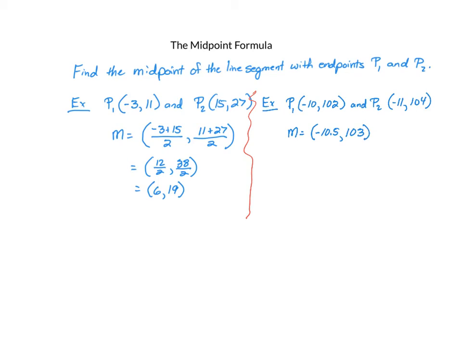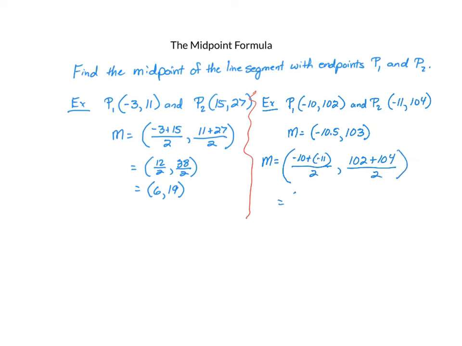I just wanted to remind you that on some simple problems, you might just be able to jot it down without the use of the formula. But let's confirm that the formula works. Remember, it is the average of the x-coordinates. Negative 10 plus negative 11 divided by 2. And the average of the y-coordinates, 102 plus 104 divided by 2.